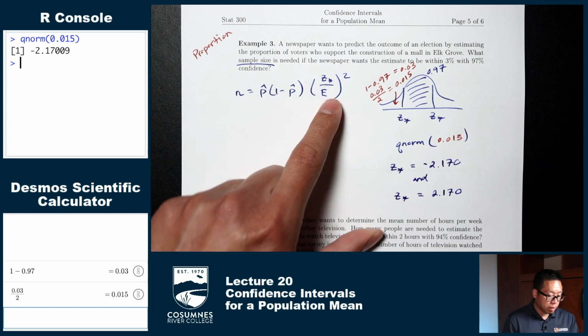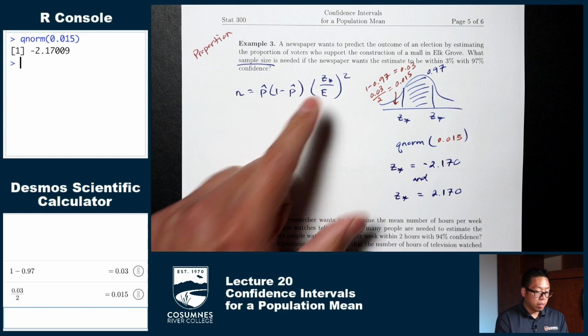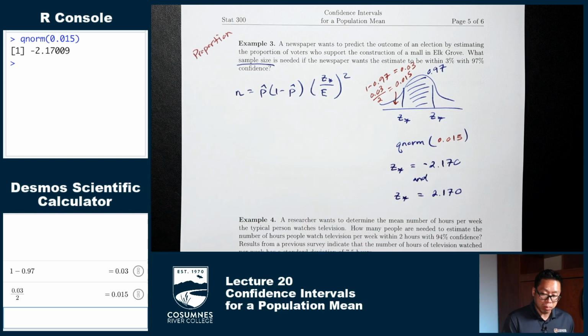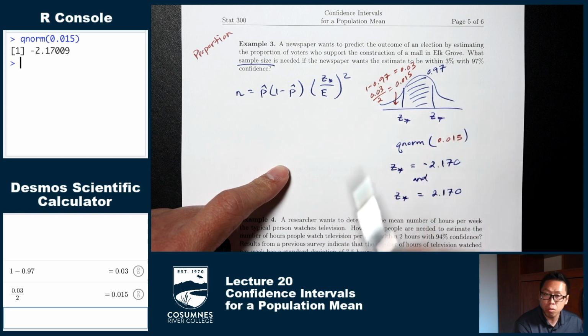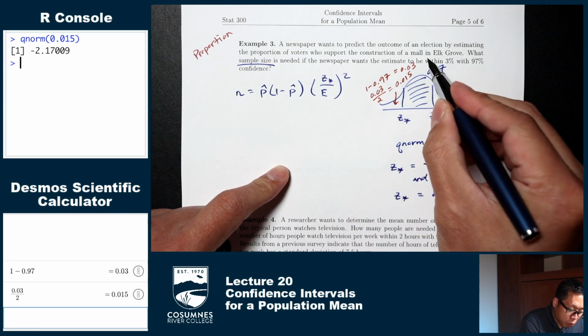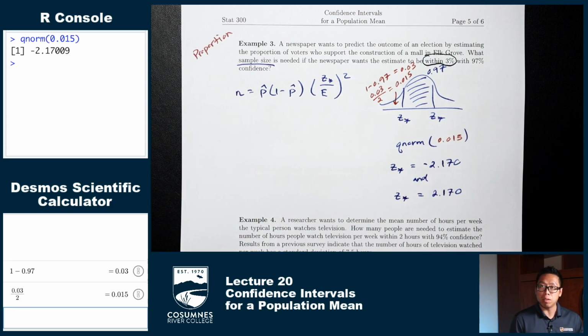Now what about the E and what about the P hat? Okay, E stands for margin of error. So what margin of error are we talking about here? The key word you should look for is, it says here, the newspaper wants the estimate to be within 3%. The word within is telling you what error the newspaper wants.